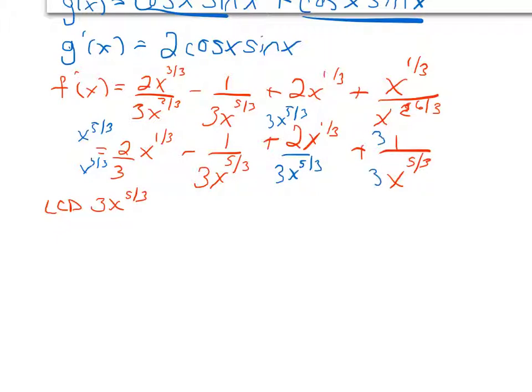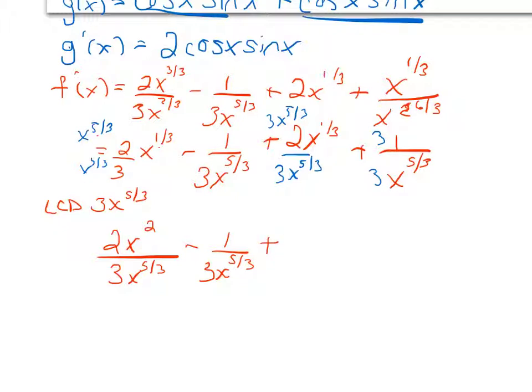That then gives me 2x to the 6/3, because I add my exponents. Well, 6/3 reduces to 2, and over 3x to the 5/3, minus, nothing changes for my second term.